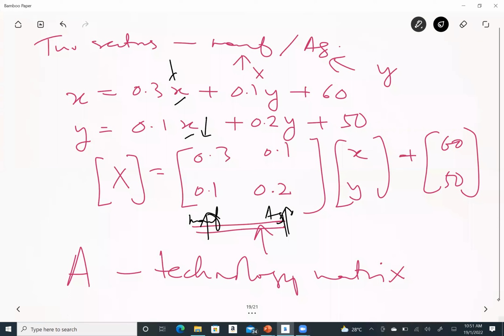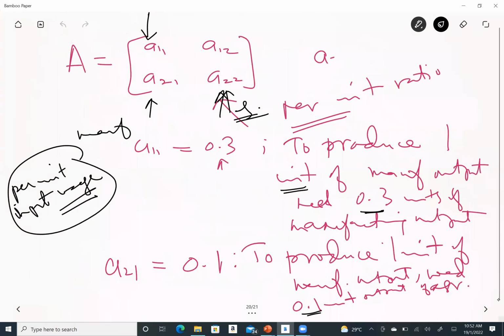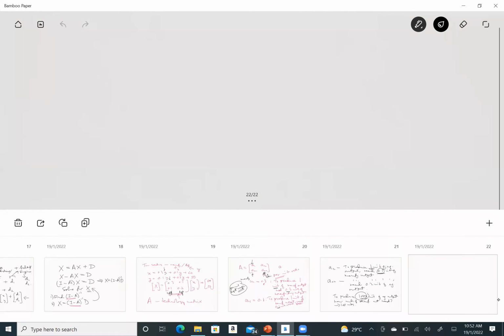So now what you can do, I want to solve the problem. I want to find X. So remember, the solution is you want to find I minus A inverse, and then you multiply with the D, you will get the solution. All right.